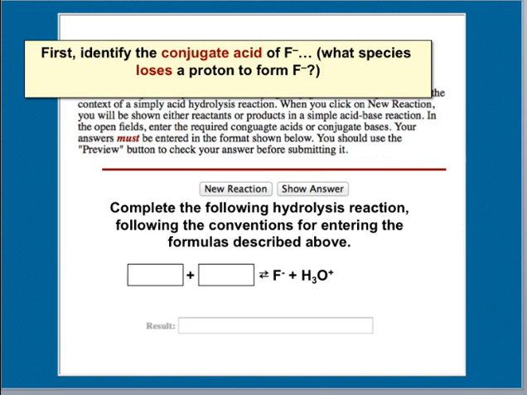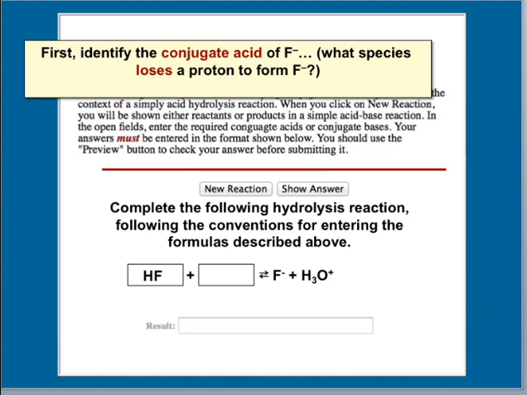HF is the answer. What loses a proton to make F minus is HF. This is the conjugate acid-base pair.